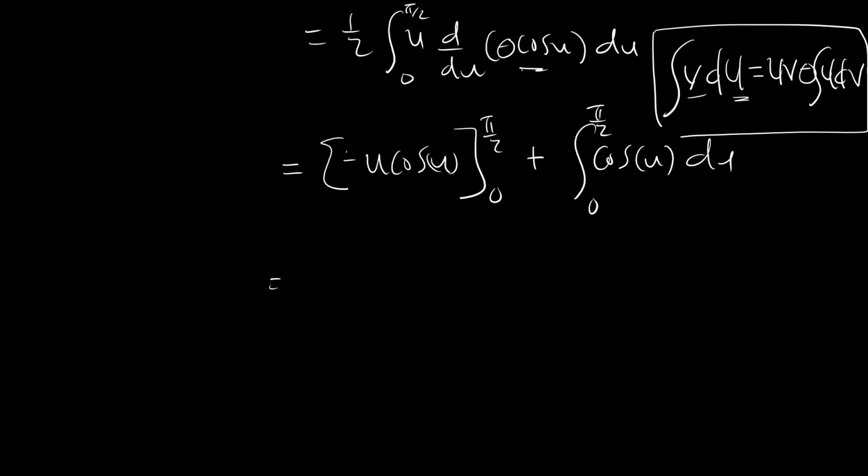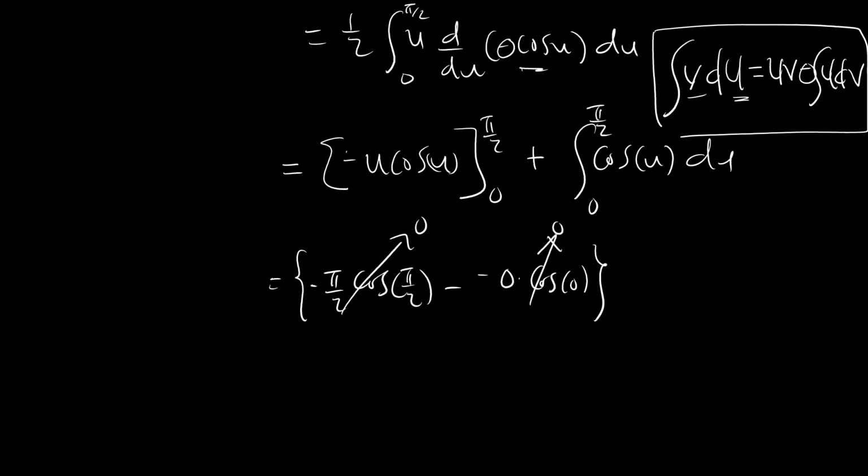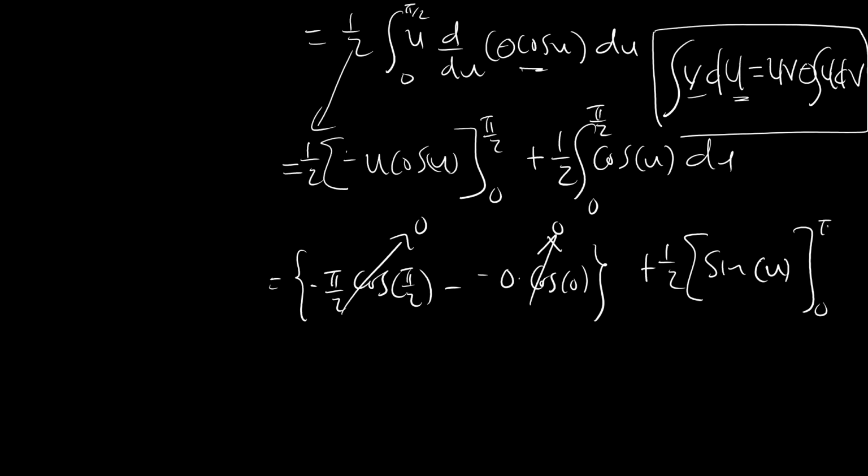So as you can see here, we have negative pi over 2 cosine of pi over 2 minus 0 times cosine of 0. All this will go to 0, and then we have plus. So we have half here from here, and we have half here. So we have half sine of u, 0 pi over 2.